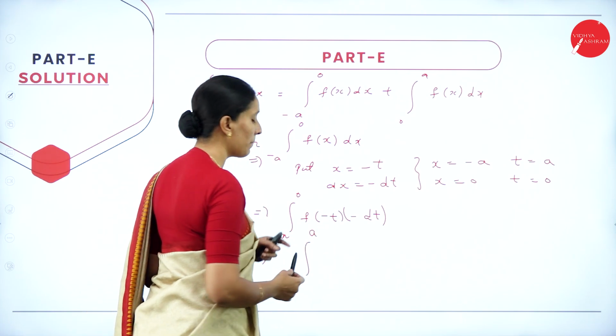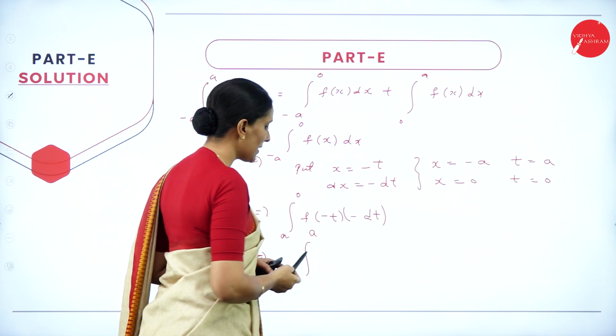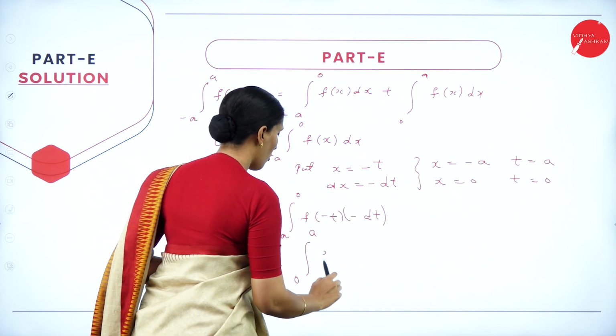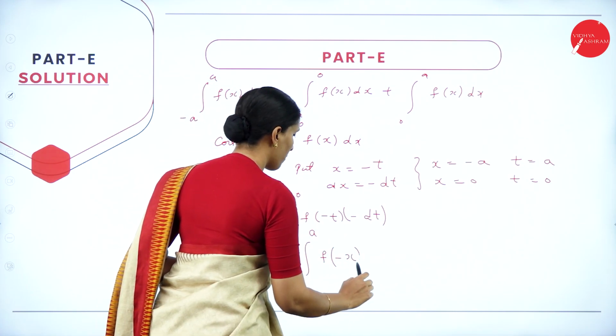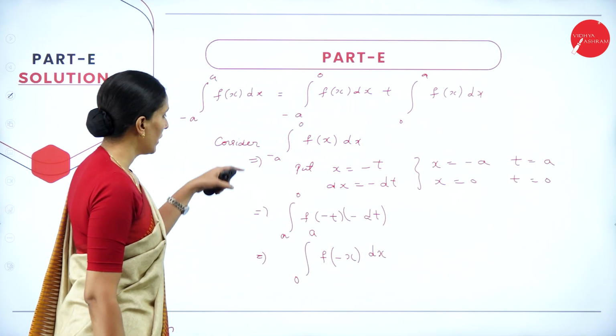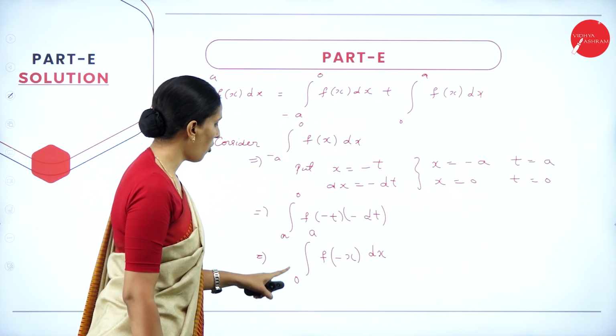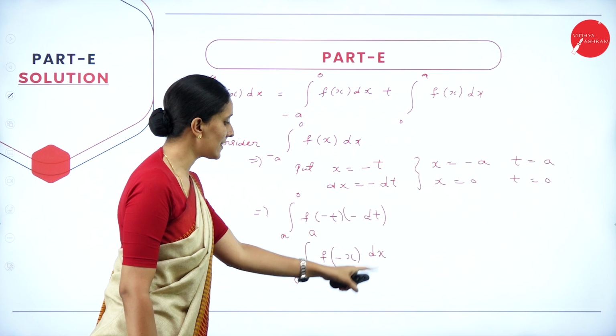Now let us replace back the variable. So here instead of minus t, I can write f of minus x, and dt can be written as dx. So now the integral minus a to 0 f of x dx is in the form of 0 to a f of minus x dx.